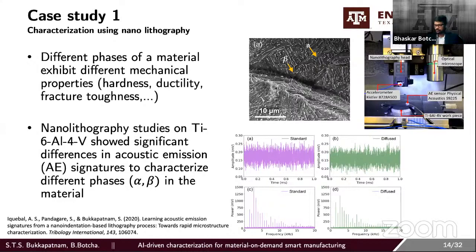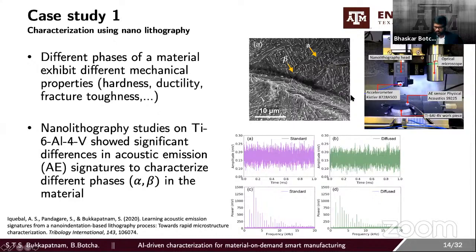I print a part, polish the surface, and make it ready for characterization. I etch it, find out the microstructures, then take it to a nano indenter and make some nano indents wherever I see or expect property differences, and see if that is what actually happened. This gives me the ground truth as to what the actual hardness values are.